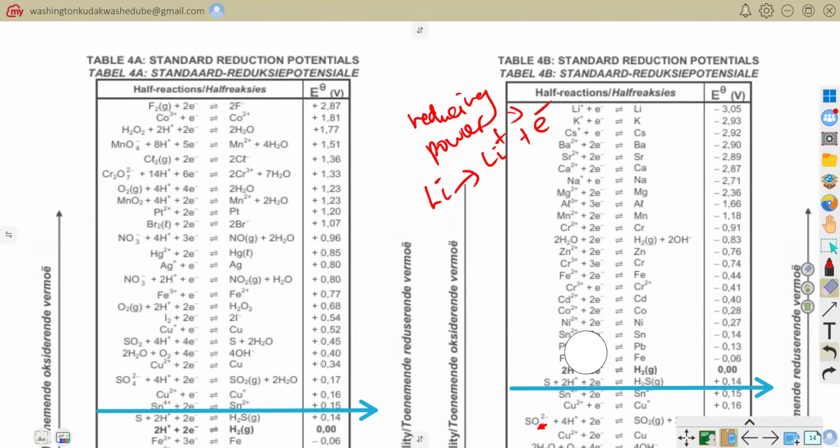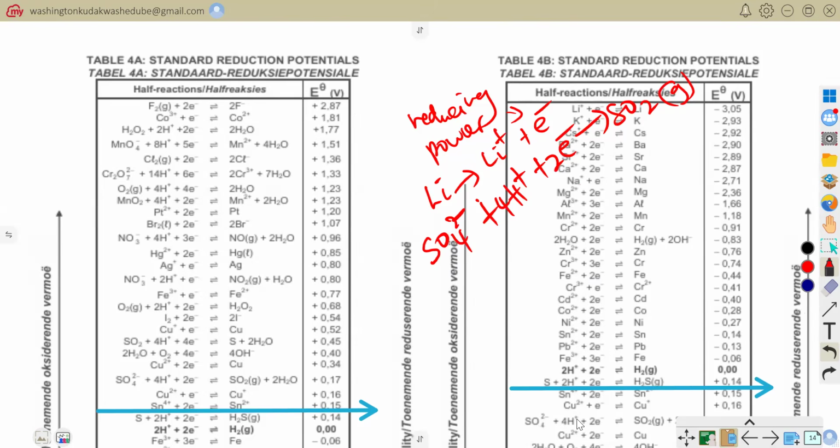You would see that sulfate ions will react in this format: SO4 2- plus 4H+ plus 2 electrons to form sulfur dioxide gas. So lithium would lose whilst this one is gaining. So lithium has a higher reducing power than your sulfate.